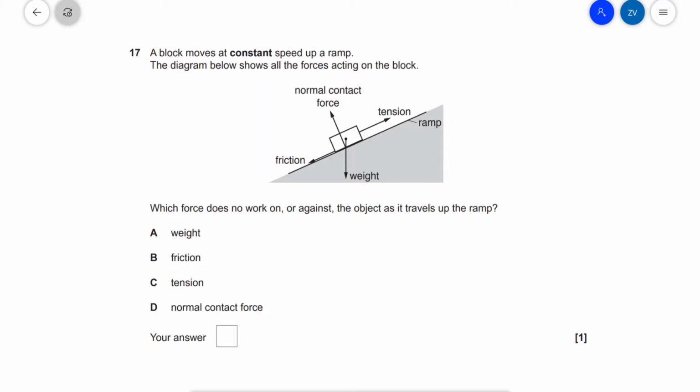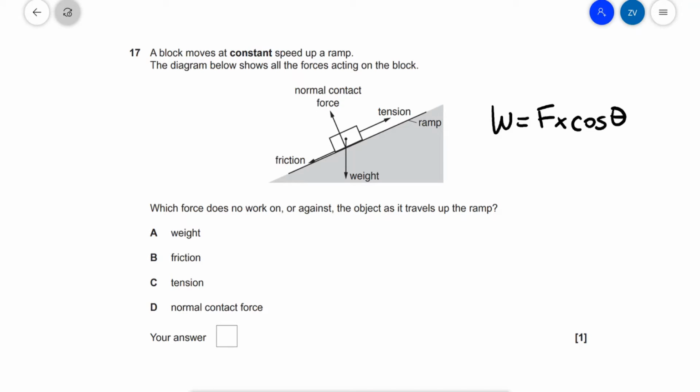A block moves at a constant speed up a ramp. The diagram below shows all the forces acting on the block. Which force does no work on or against the object as it travels up the ramp? Well, remember, work done is equal to F x cos theta, where theta is the angle between the direction of travel and the force.